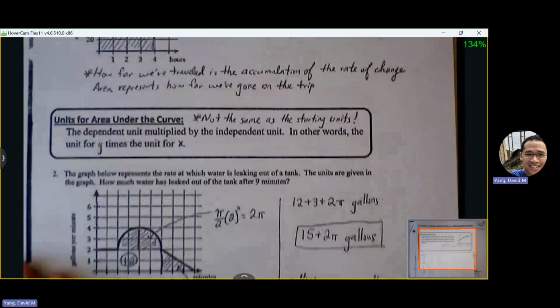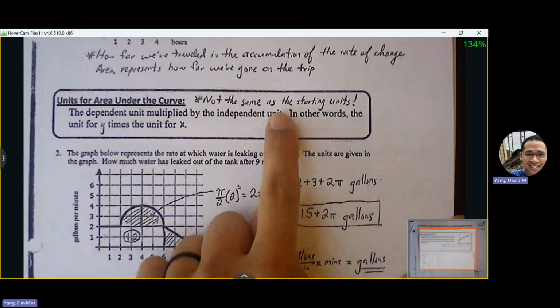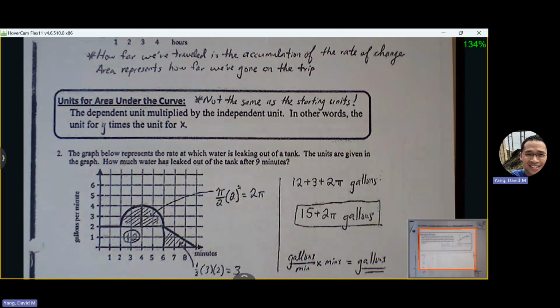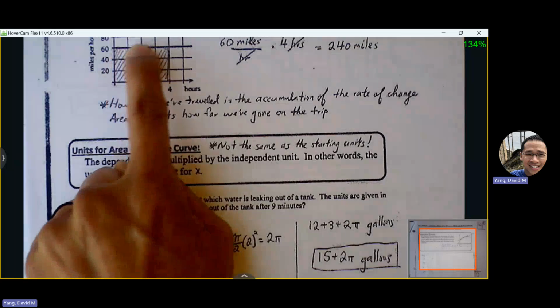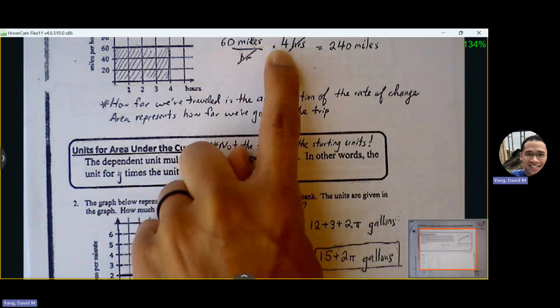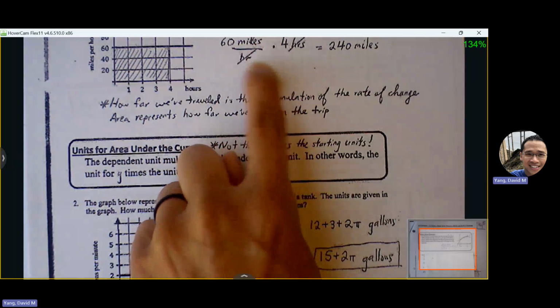Okay. So units for area under the curve, it's not the same as starting units. It's the dependent unit multiplied by the independent unit. In other words, the unit for y times the unit for x. So if we're accumulating velocity over a 4-hour period of time, our units are going to change.